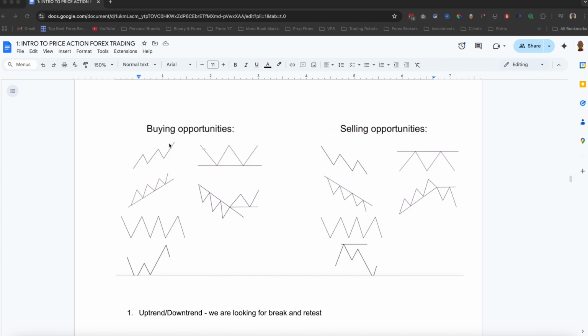This one is an uptrend, this is the alternative to that, this is double bottom, this is double top, this is an uptrend, this is a downtrend, this is a respect of a trend line to up, then this is a respect of a trend line to downwards, then this is a break of a trend line which shows a reversal, this break of a trend line also shows a reversal from an upward movement to a downward movement. And these are ranging markets, and this is the missed double top.